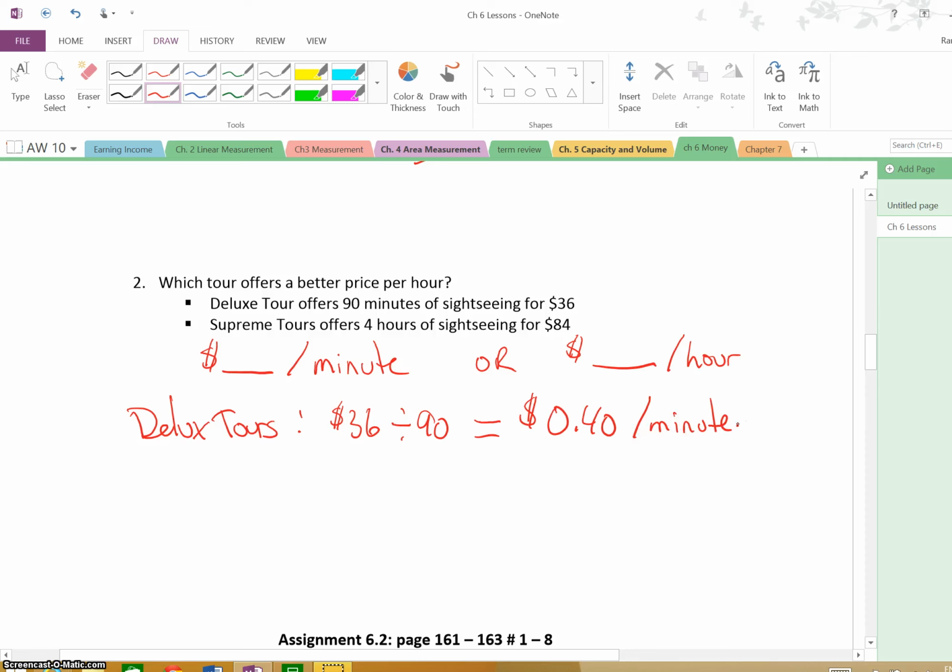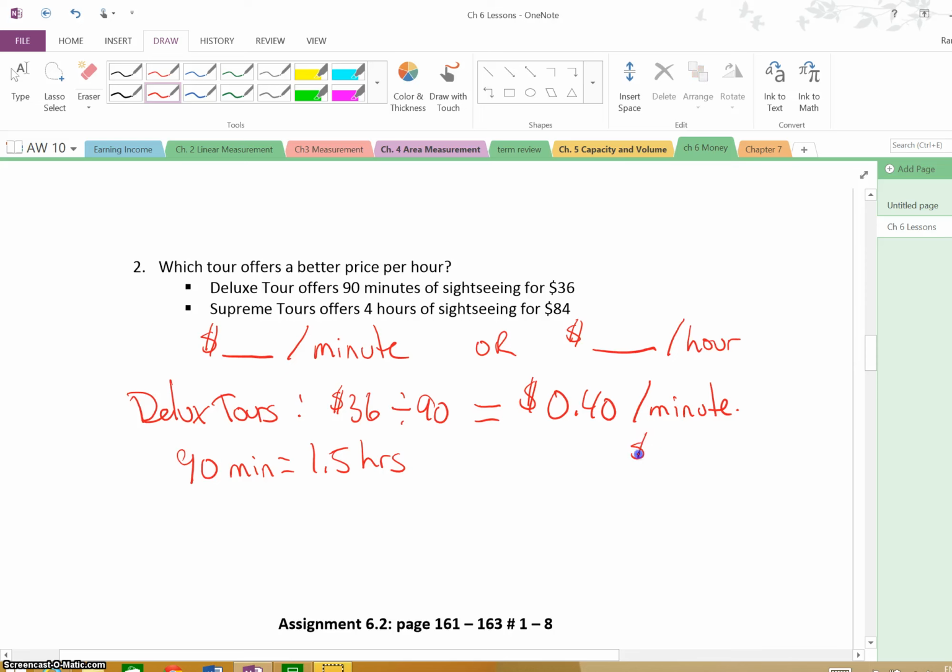Okay, but now let's do it for hour. So 90 minutes is an hour and a half. So to figure out what the cost is going to be per hour, I'm going to take 36 and divide it by 1.5.